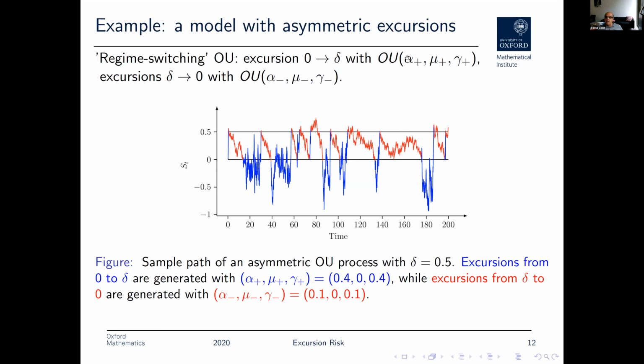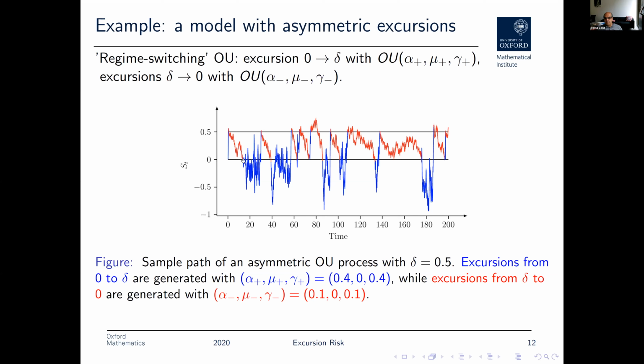Answer is yes. You choose as S plus the law of an Ornstein-Uhlenbeck with these parameters. You choose as S minus the law of another Ornstein-Uhlenbeck with these parameters, and then you do the previous construction. So what you get is this. It's very nice to visualize here. So this is a process which evolves exactly according to our construction. The blue parts evolve according to the Ornstein-Uhlenbeck with parameters alpha plus, mu plus, gamma plus.